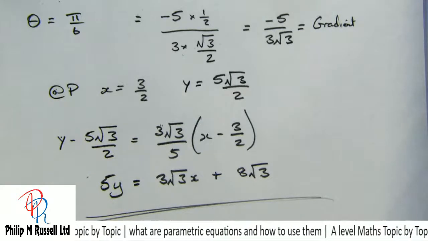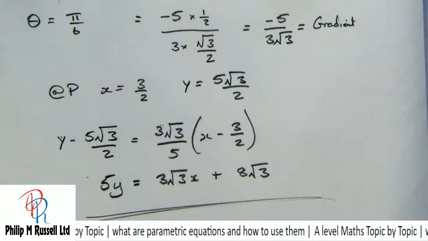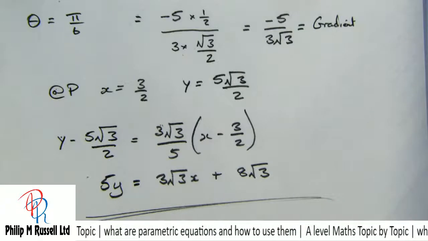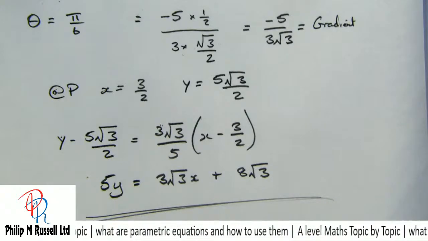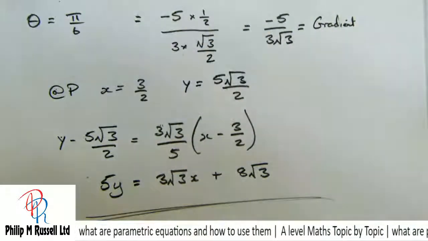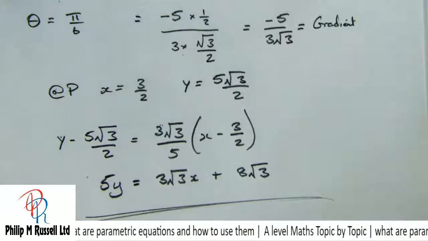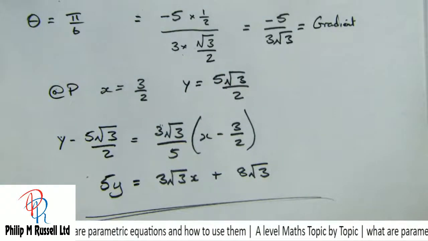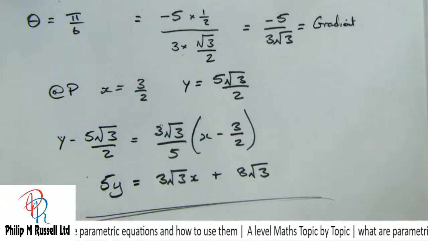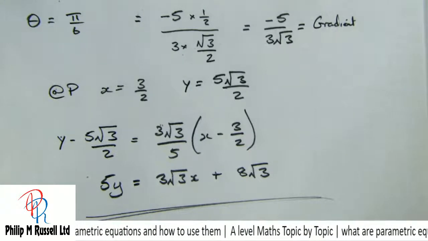And so let's think of something. Let's choose something nasty. How about x equals sec t and y equals tan t.